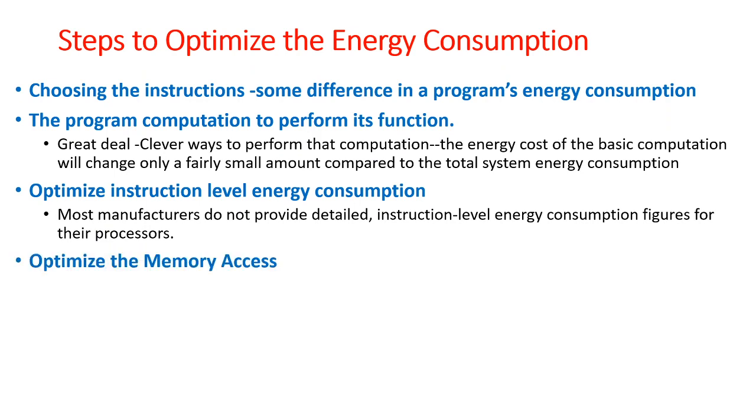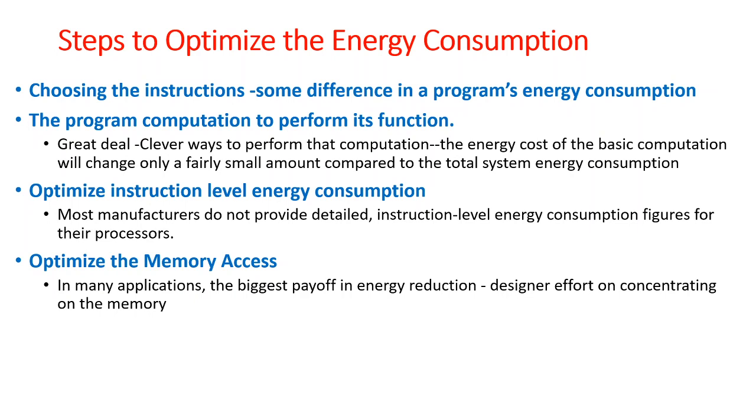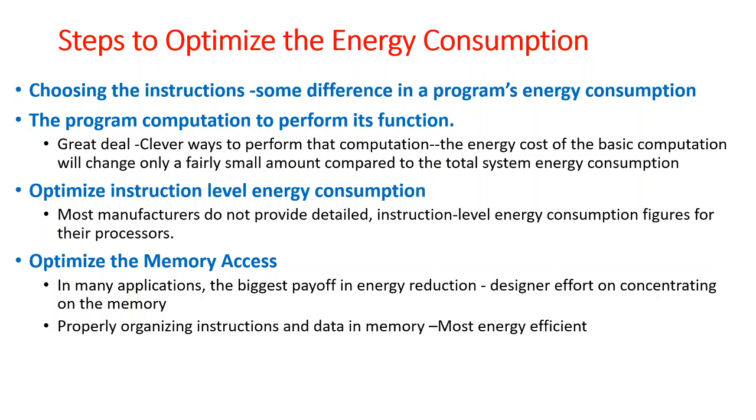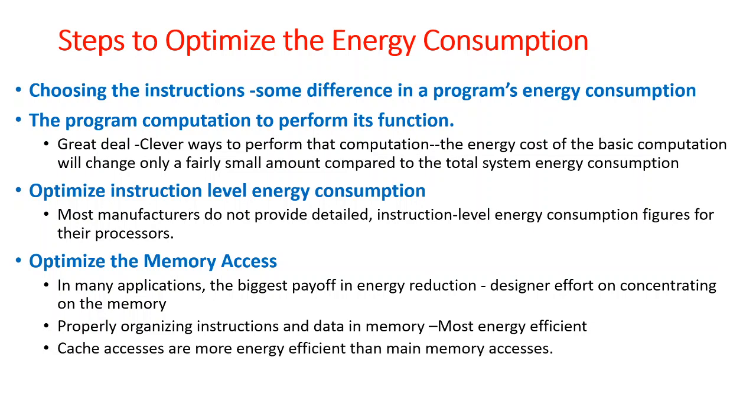Next one, optimize the memory access. A major amount of energy, or power, is spent only in accessing the memory. So instead of accessing the memory, we can keep instructions and data closer. For example, you can give data directly in the program, or else you can use a cache as a more efficient way.